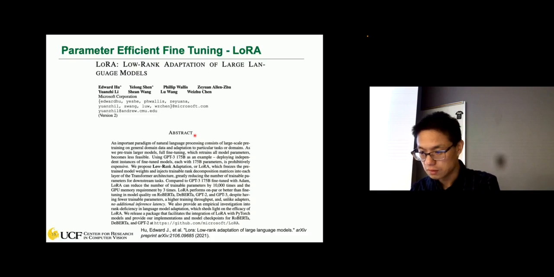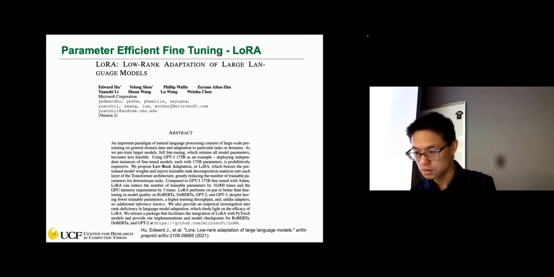Next, we'll talk about a very popular fine-tuning strategy called LoRA. This is proposed in the paper called low-rank adaptation for large language models. It is widely used for parameter-efficient fine-tuning, not only in language but also in vision or vision-language models.